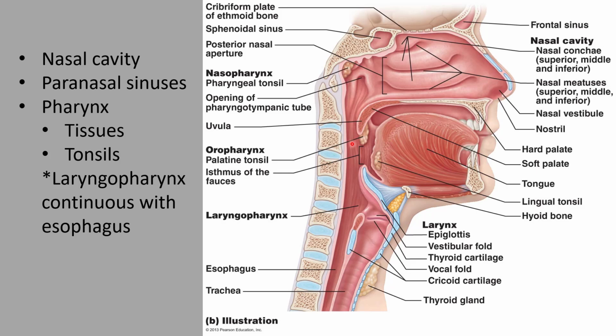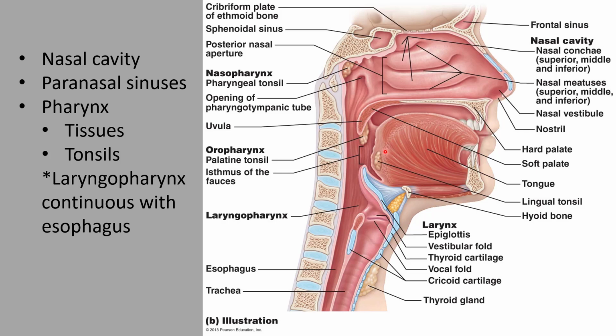Now, as we move further down, we get to the back of the mouth. And the back of the mouth is called the oropharynx. It is mostly composed of stratified squamous epithelium. Remember, stratified squamous epithelium is there to provide resistance to abrasion, and it's in areas where we have a lot of friction.